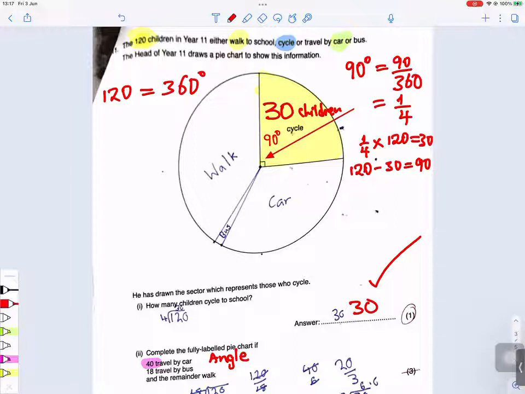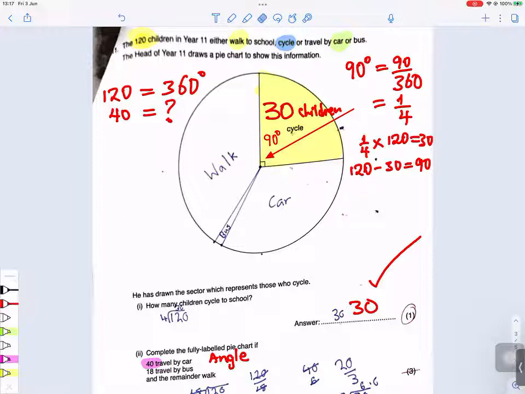So 40 people would be how many degrees? We know 90 degrees is a quarter, but another way to do it is using 1 degree.